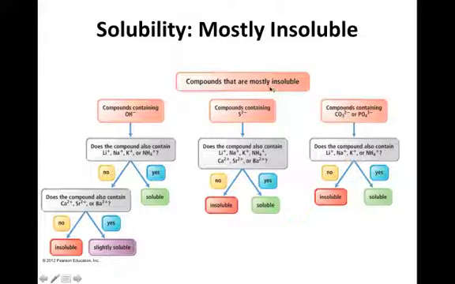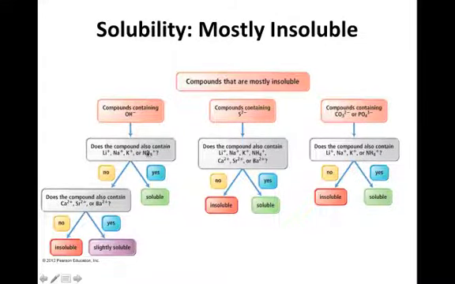Compounds that are mostly insoluble: hydroxide compounds, sulfide compounds, carbonate compounds, and phosphate compounds. But remember our exceptions, because we always are going to have our lithium, sodium, potassium, ammonium, calcium, strontium, barium. If it contains that, it's going to be soluble. If it doesn't, it's insoluble.